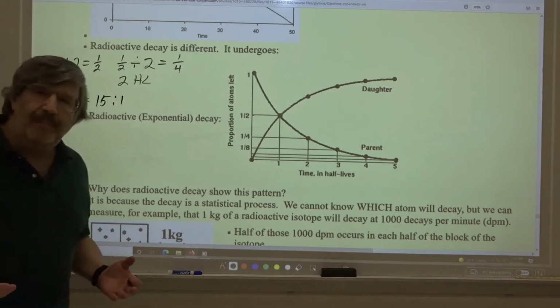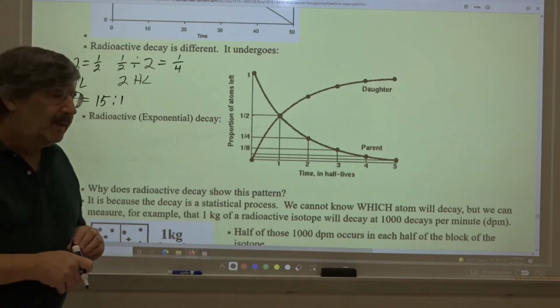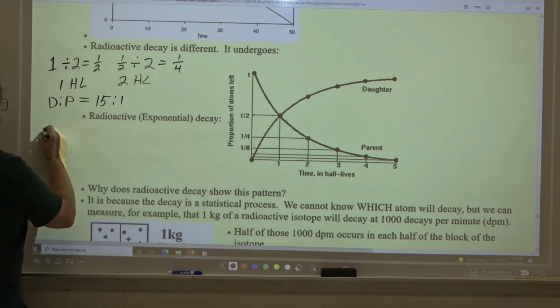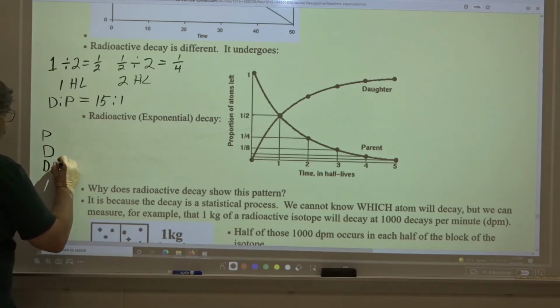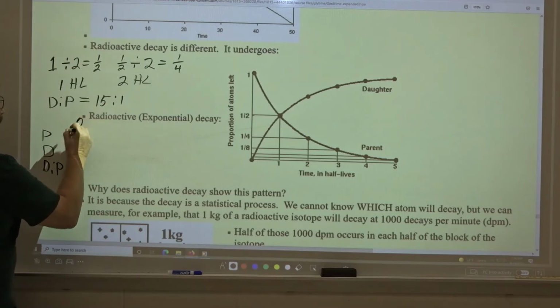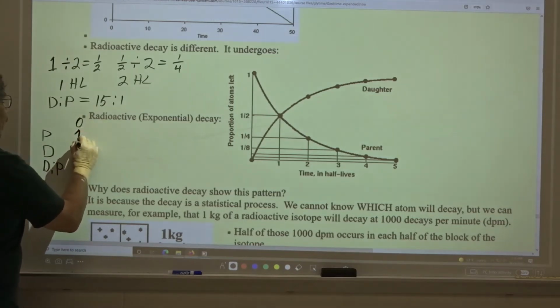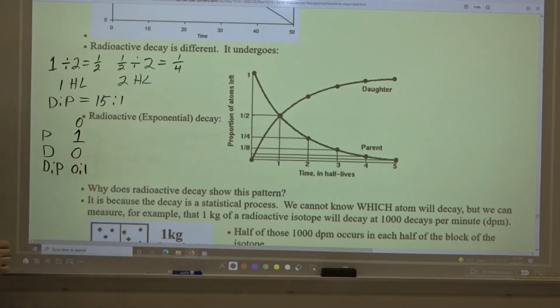Where does that come from? And how do we use that to get the number of half-lives? Well, we can make a table or a chart where we start with the amount of parent, the amount of daughter that we get from that, and then the daughter to parent ratio. And at the beginning, it's all parent. We have no daughter, so our daughter to parent ratio is 0 to 1.